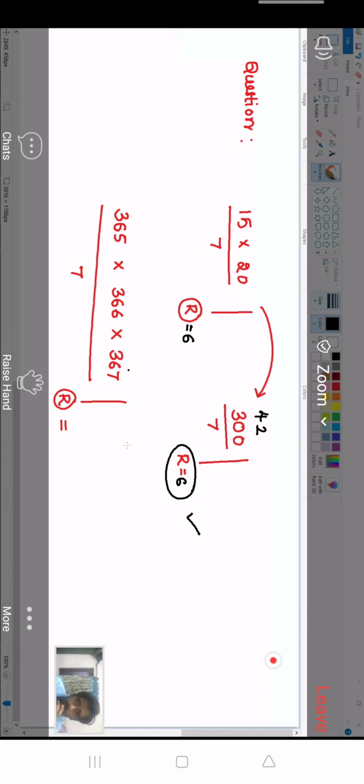Here, if I want to find the product of these numbers and then divide with 7, it will be a little time consuming. That is the reason I suggest you, instead of proceeding with the solution like this, just use the basic remainder theorem concept.